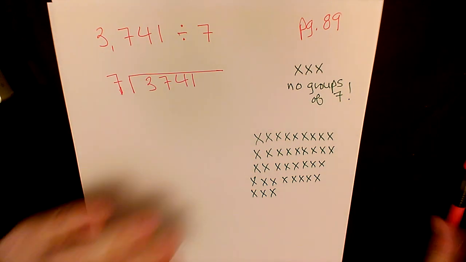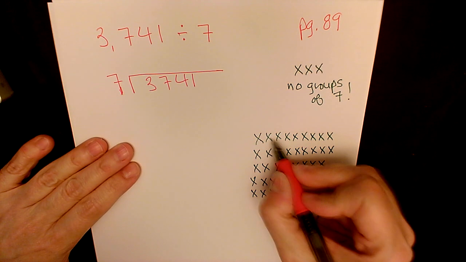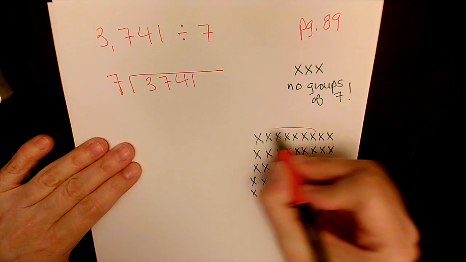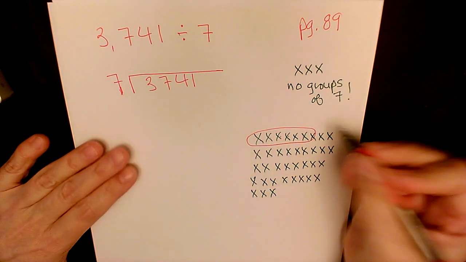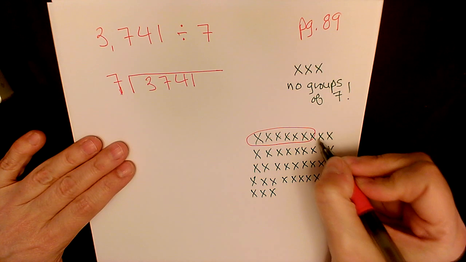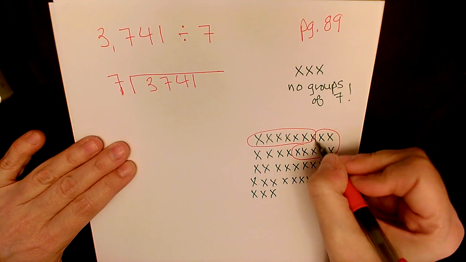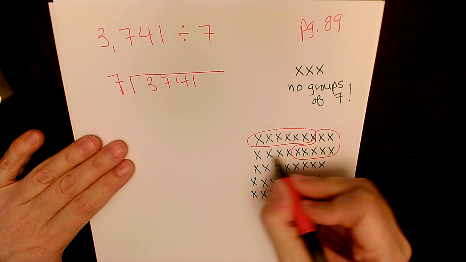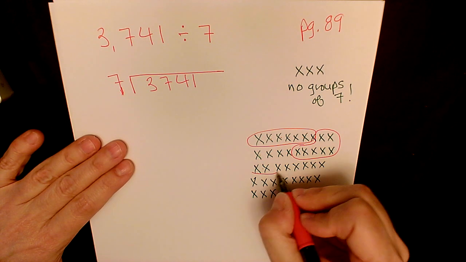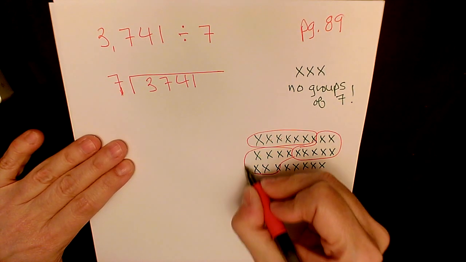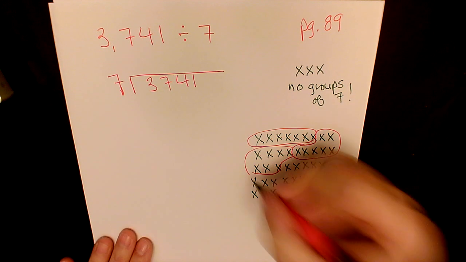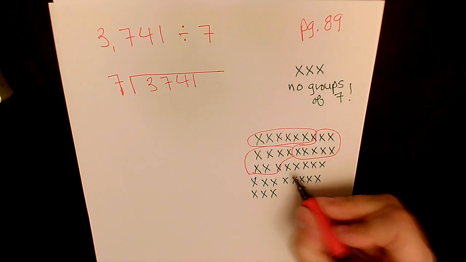Okay. Let's see how many groups of 7 we've got. Let's count them off with the red. So 1, 2, 3, 4, 5, 6, 7. Here's one group. Here's another group. Here's another group. So far I've got 3 groups.